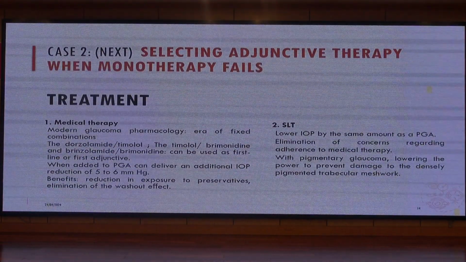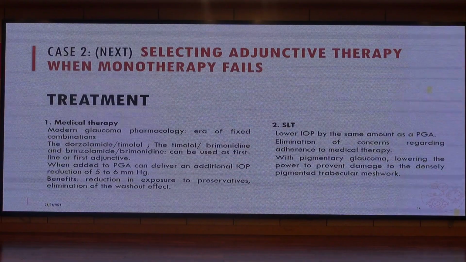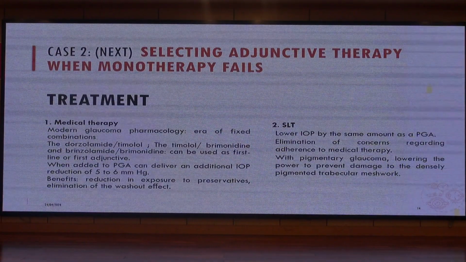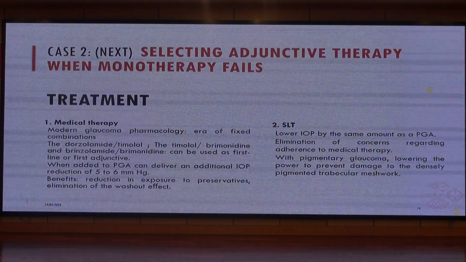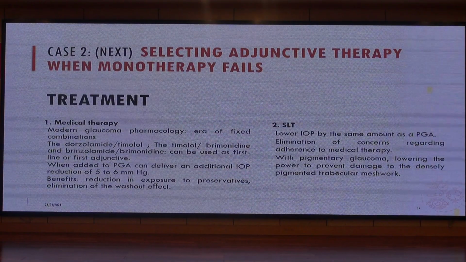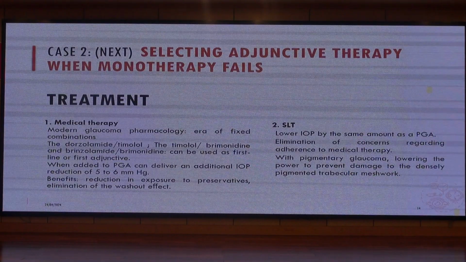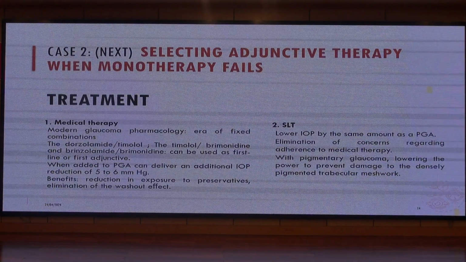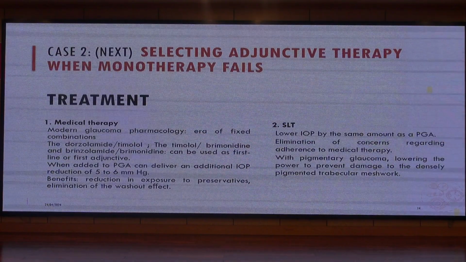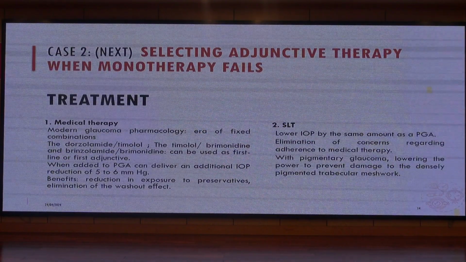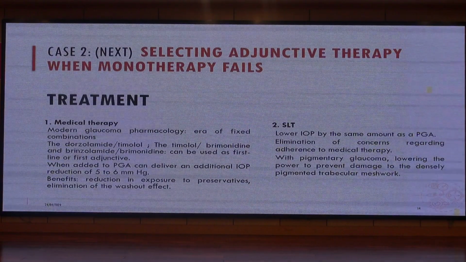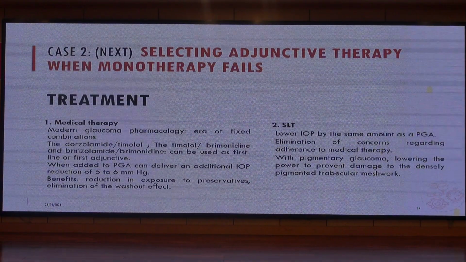In this case, the adjunctive therapy may be medical or laser. For medical therapy, we are now in the era of fixed combination medications. There are many fixed combinations, like brimonidine-timolol, timolol-dorzolamide, or brimonidine-dorzolamide. A fixed combination can be used as first line or as first adjunctive therapy.